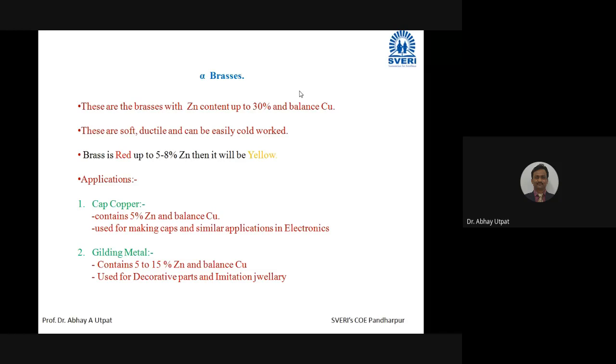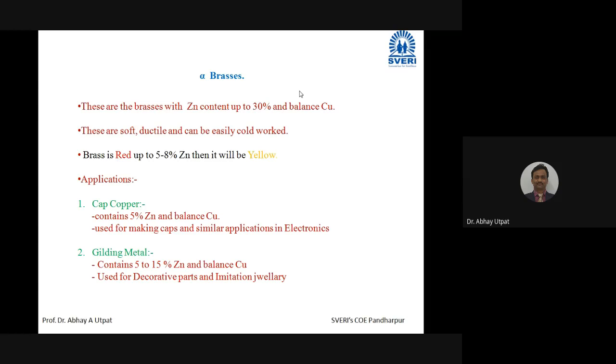And if you add less zinc, for example 8% zinc or 5% zinc and 95% copper, you will observe it is red color. And externally you may say that this is copper, but it may not be pure copper. It may have zinc content. So you can't judge without observing microstructure.